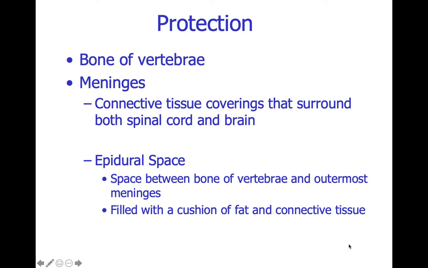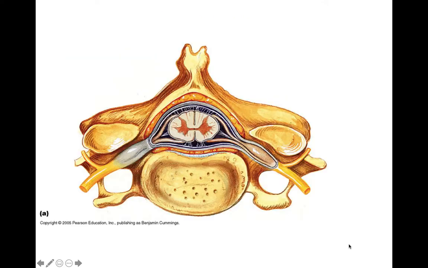This is typically filled with a cushion of fat and connective tissue, and that makes sense because as protective as the bone is, you don't want the delicate structure of your spinal cord slamming around in that hole, banging against the bone. So we want to kind of surround it so it's kind of packed in there. And if we look, we have a bone of a cervical vertebra, right?